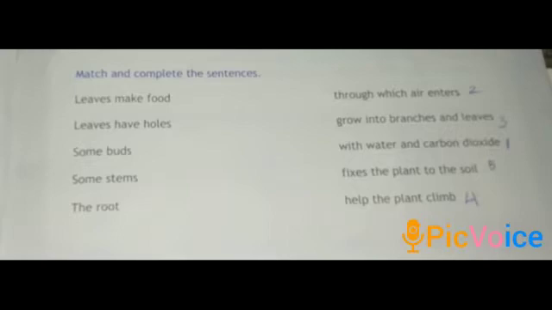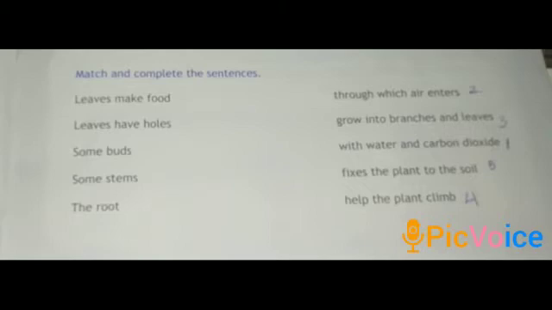Okay, we know on the surface of the leaves, holes will be there through which air enters. Then third one, some stems grow into branches and leaves. Okay, then some stems help the plant climb. We know climbers and creepers have weak stems, so they need support to climb.